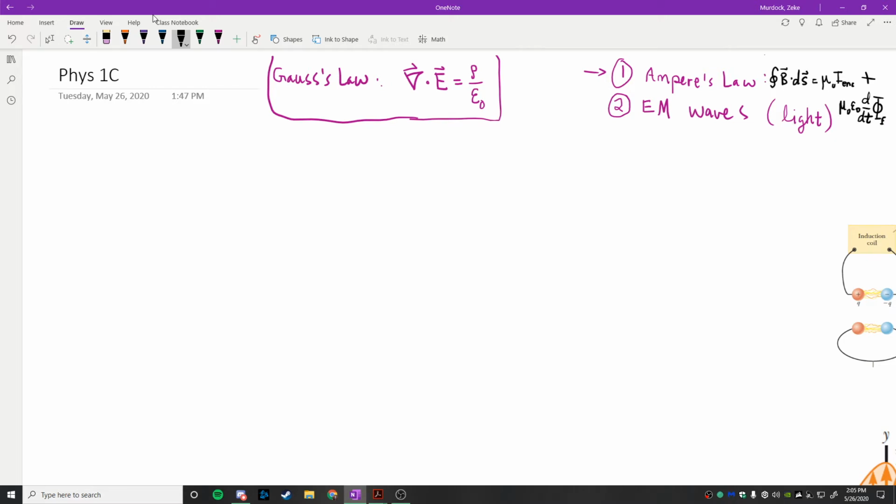Okay, that's the integral form of Ampere's law.